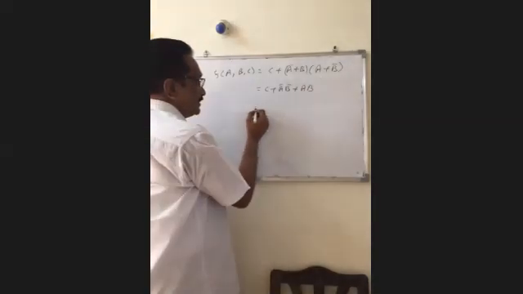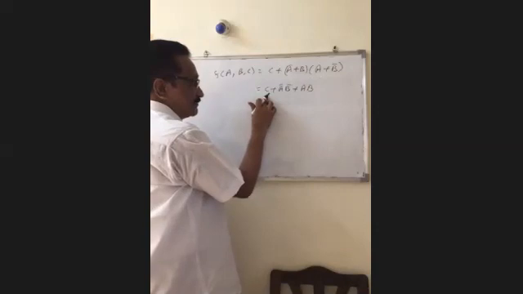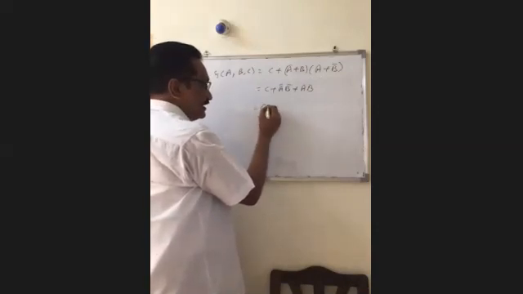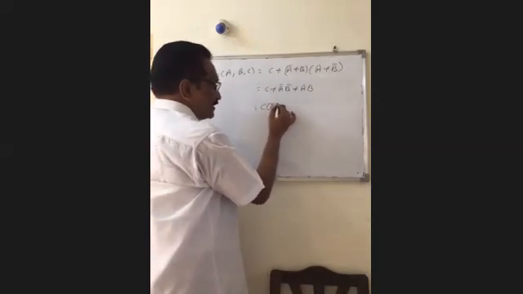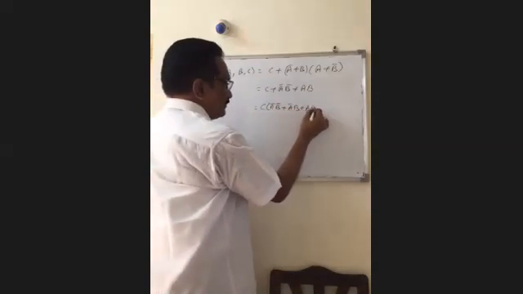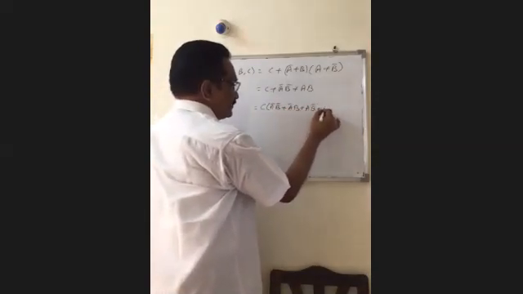Next, in this one, two variables are missing. So for that one, you have to write C multiplied by A and B are missing, so write A bar B bar plus A bar B plus A B bar plus AB.